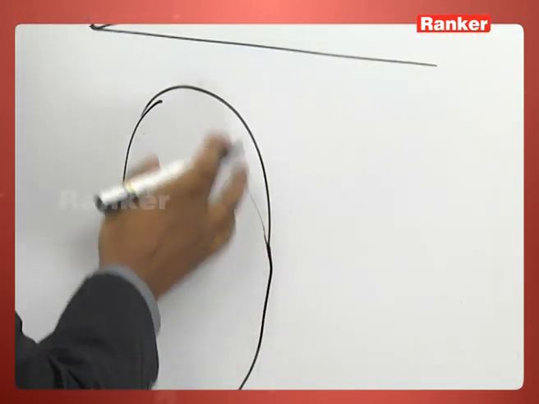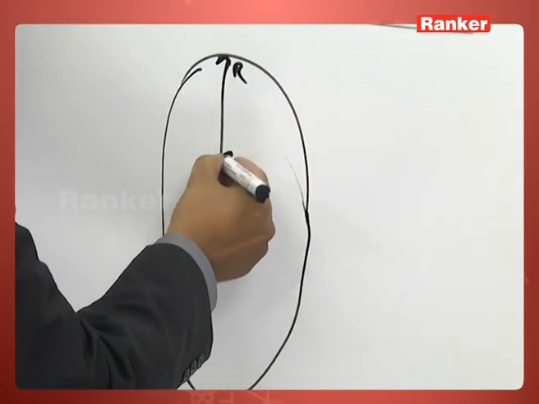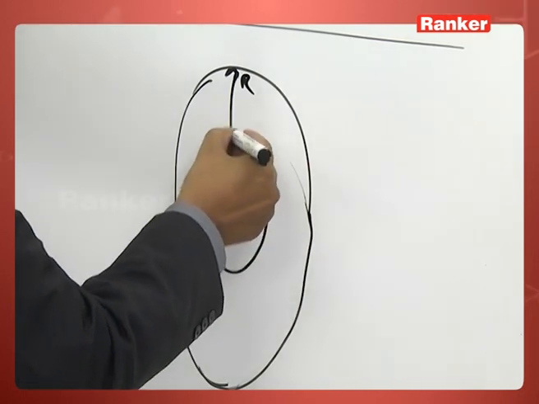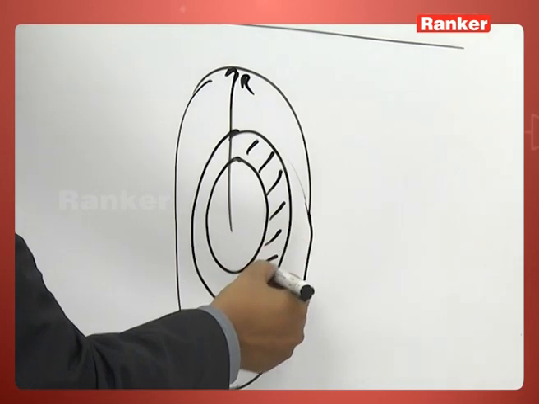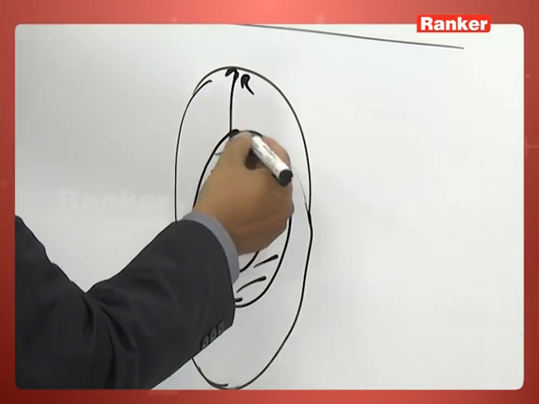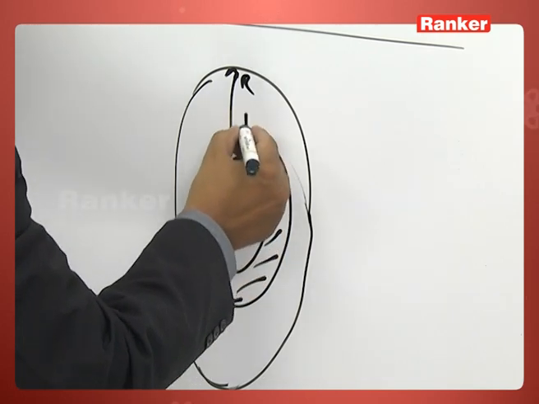This is of radius R. So, in order to calculate the total discharge, we have taken a differential shell. So, you see here, this is a radius r and the width is dr.